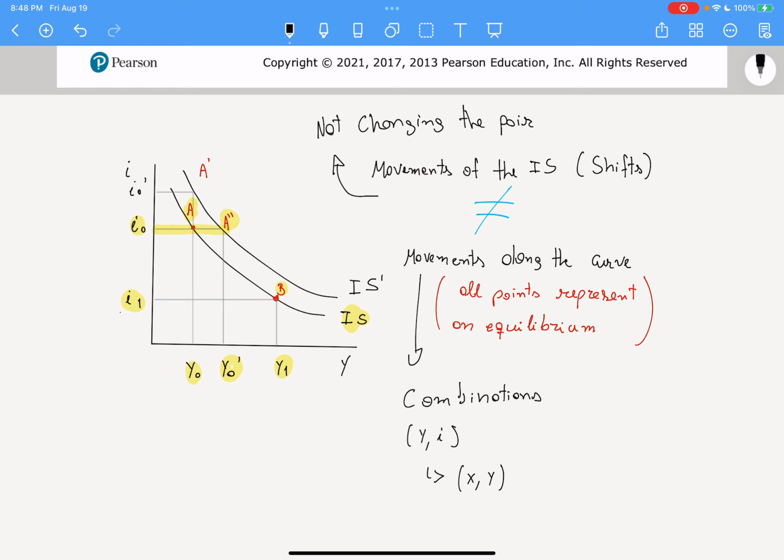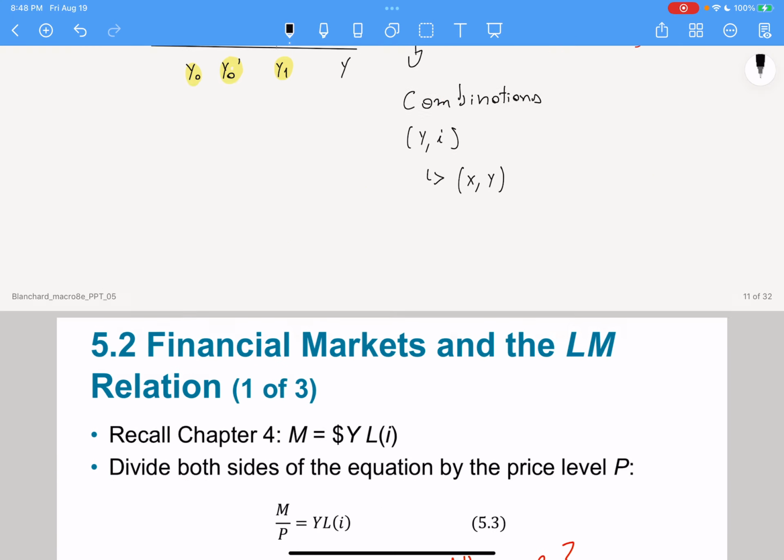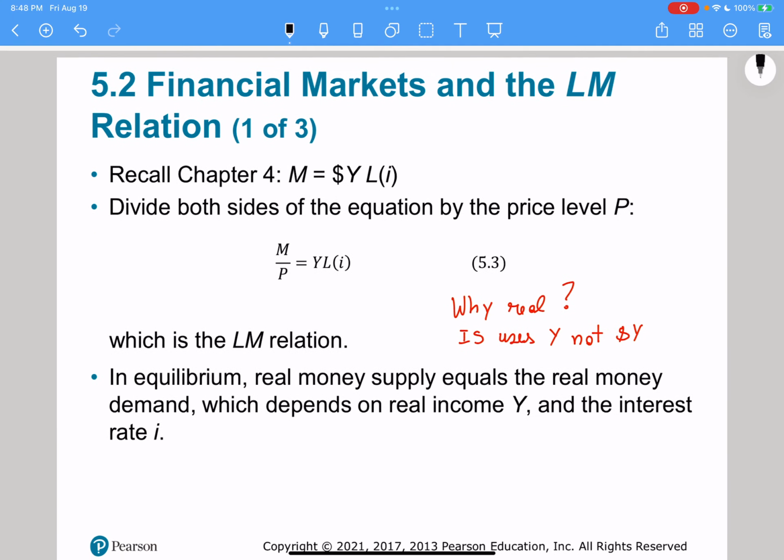So that's why it is important to understand what makes a curve shift, right? We already know the IS, the first part of the IS-LM model. So we have to discuss the LM part of the model.